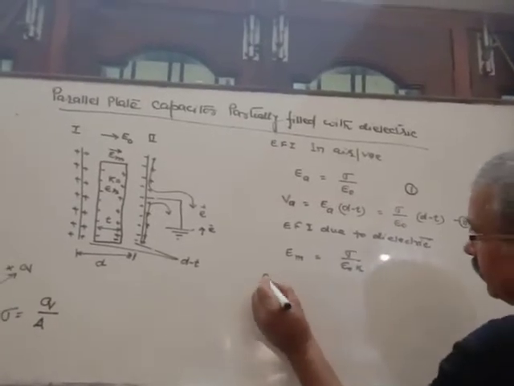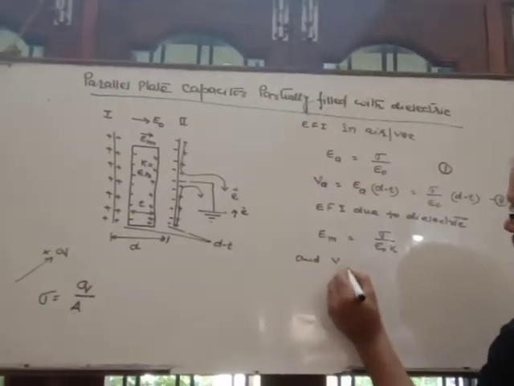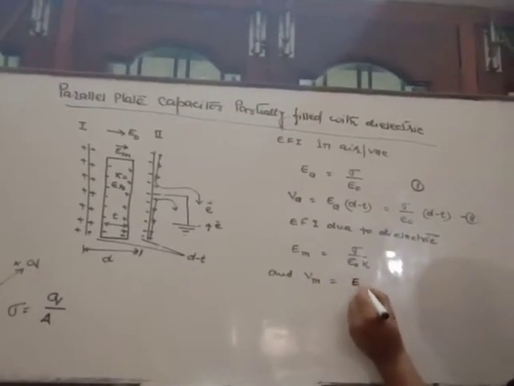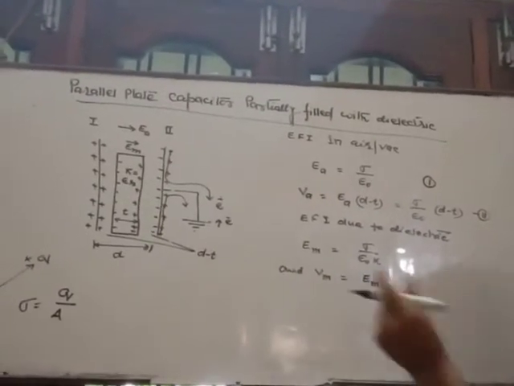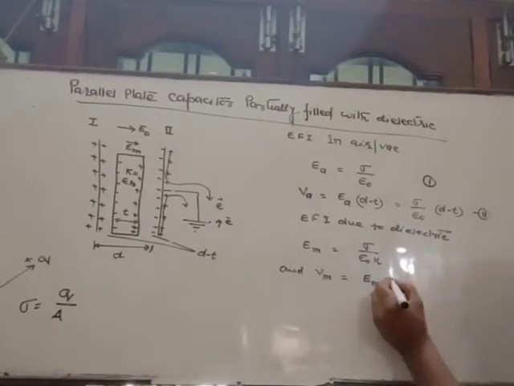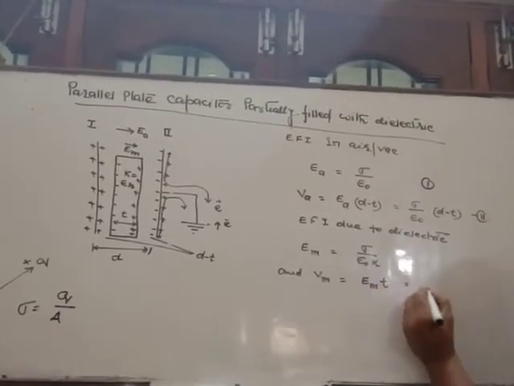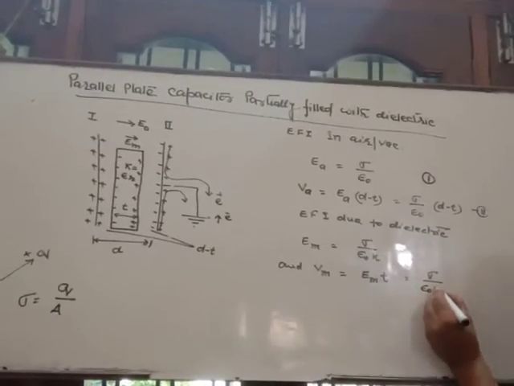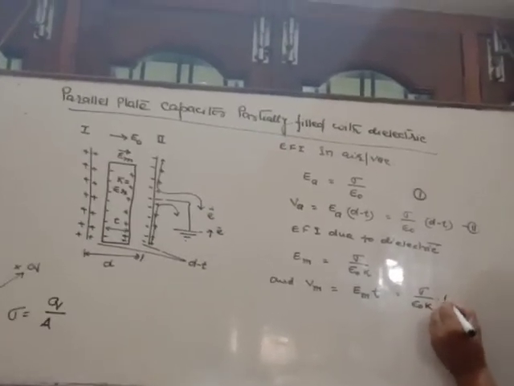And the potential in the presence of the medium or dielectric, Vm, is equal to Em into the thickness of the dielectric, which is T. It is equal to sigma by epsilon 0 K into T.